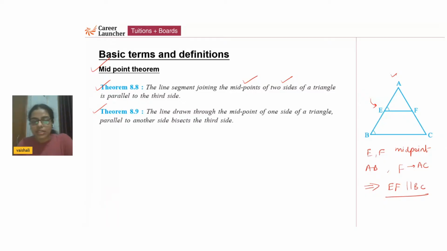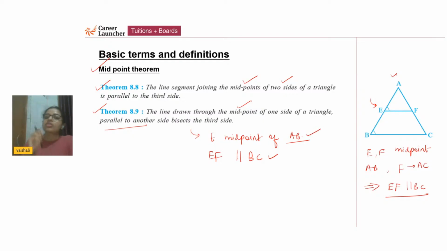But what about 8.9? 8.9 says if the line is drawn through the midpoint of one side, in this case I know that E is the midpoint of the line AB, and it is parallel to the other side, okay, so you are aware that EF is parallel to the line BC. So what conclusion do we derive?